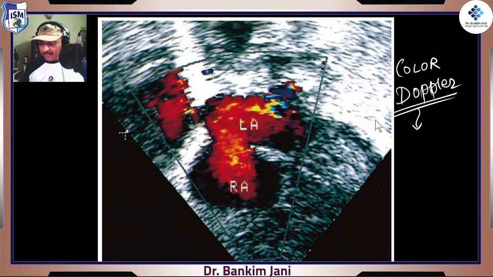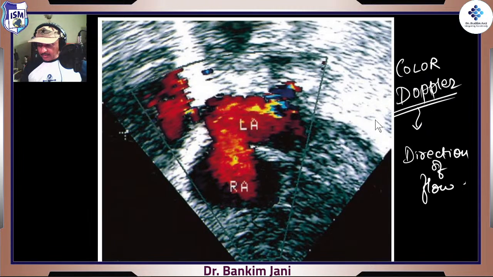Think of it this way: that is the left atrium, and that is the right atrium, and this is a left to right shunt. How can I say that this is a left to right shunt? Why can't I say that it could be right to left also? The picture would look completely the same.